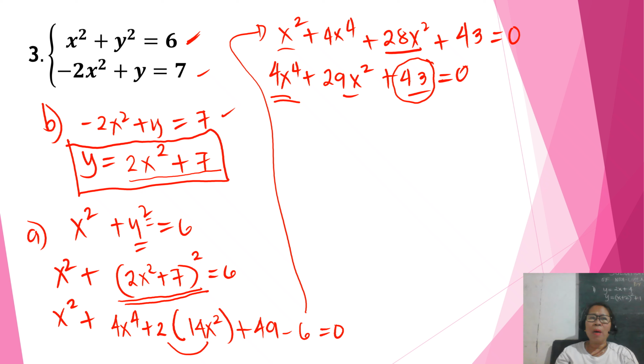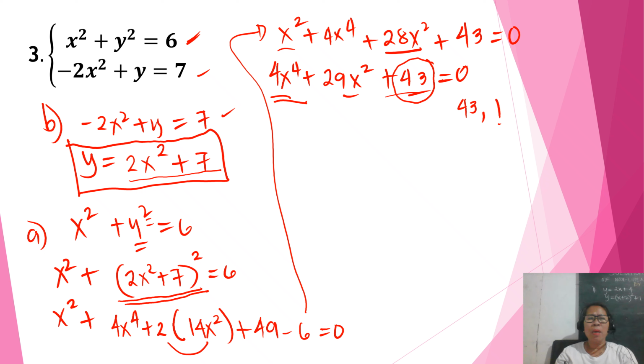Remember, we have all positive. So the possible factors of 43 are 43 and 1 only. So how do we know if 43 is one of the values of our x? We are going to use synthetic division.